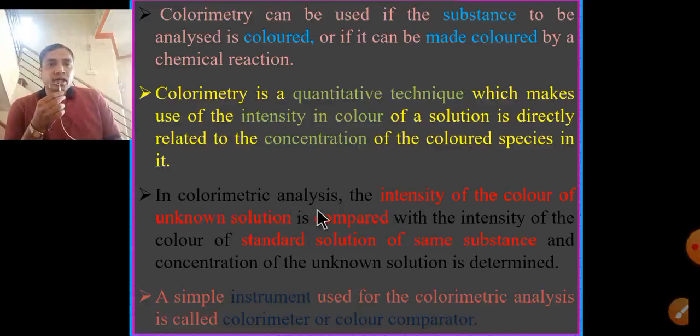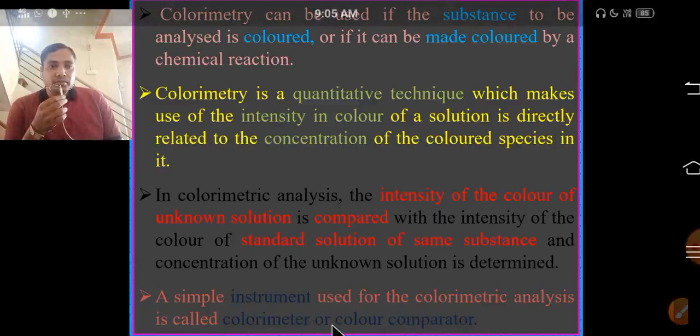In colorimetric analysis, the intensity of the color of the unknown solution is compared with the intensity of color of a standard solution of the same substance, and the concentration of the unknown solution is determined. A simple instrument used for colorimetric analysis is called a colorimeter or color comparator.